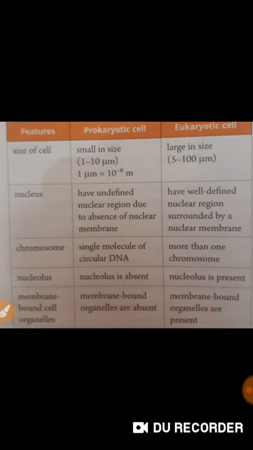The nucleus is distinct, and in these cells the genetic material is made up of 2 or more DNA molecules. The DNA molecule in eukaryotic cells is linear, not circular. Circular DNA is a characteristic feature of prokaryotic cells, and linear DNA is a characteristic feature of eukaryotic cells.